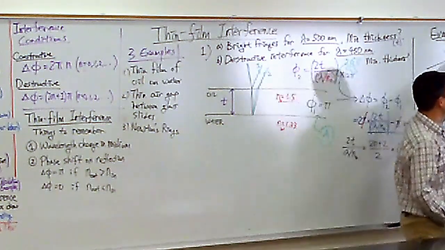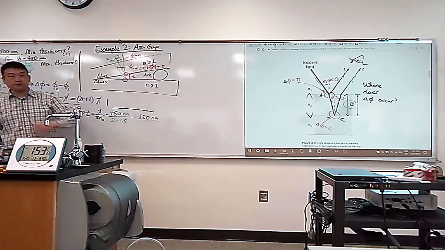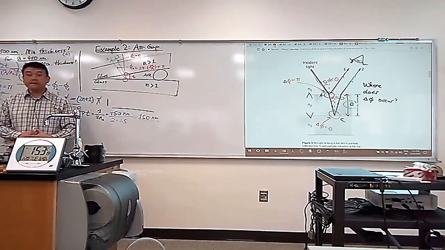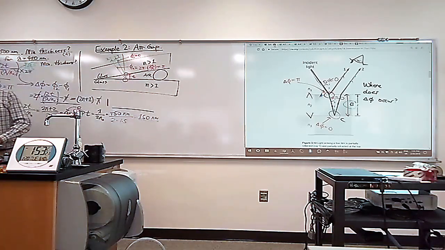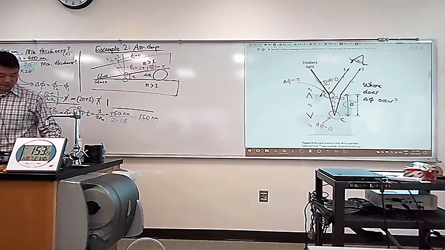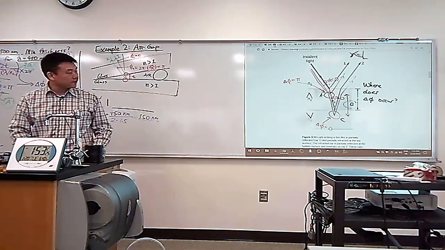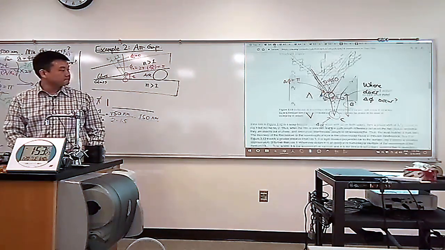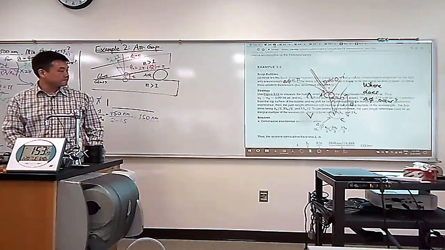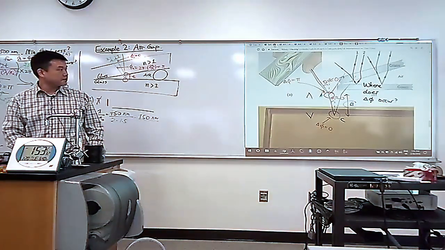So you have these two phases, you get the phase difference, and you would go through the rest of the calculation that way. And this is the demo you saw with the glass plate that was handed out. Your textbook actually has a picture of that.